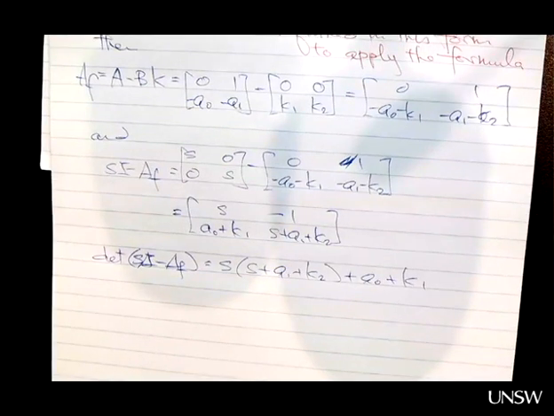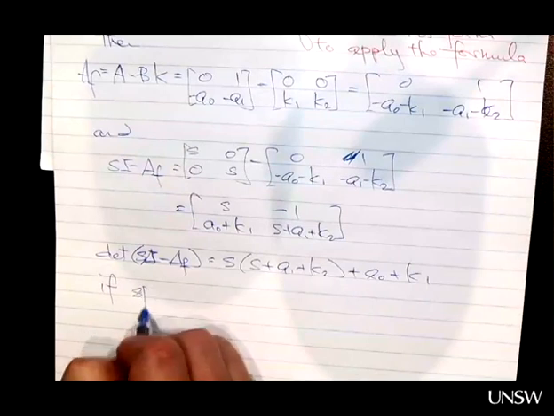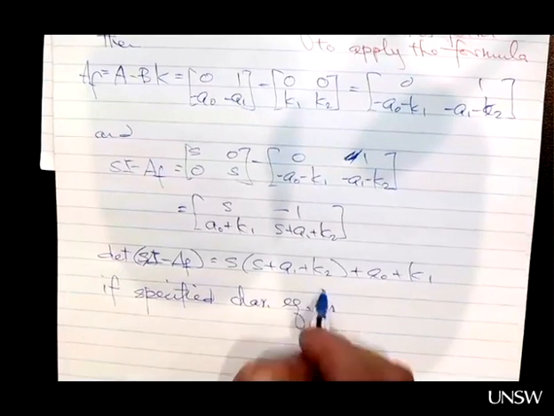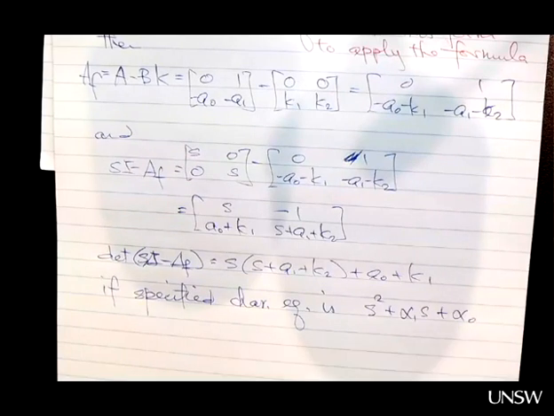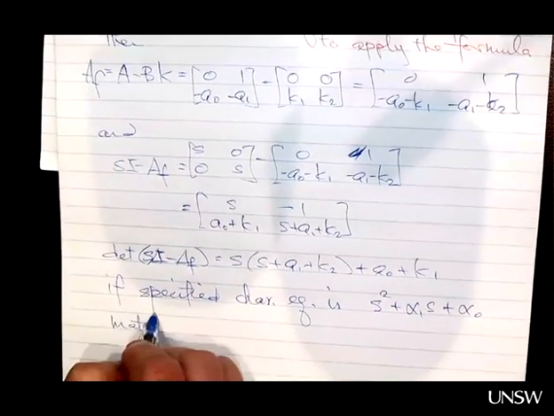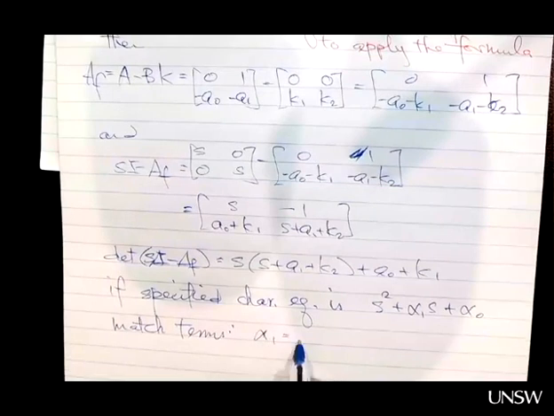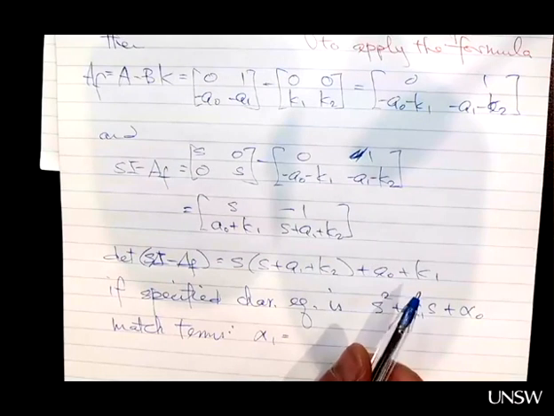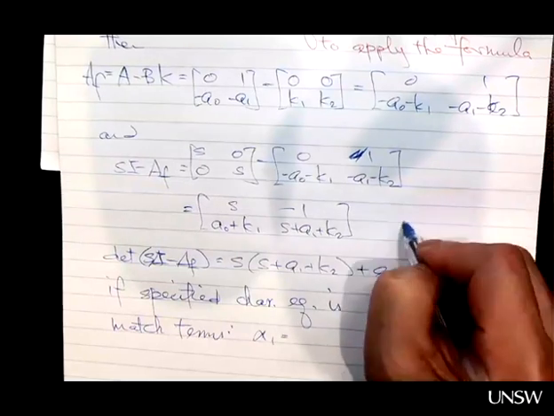So if the specified characteristic equation is S squared plus alpha 1 S plus alpha 0, then we can match terms.